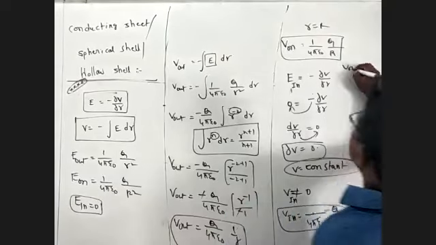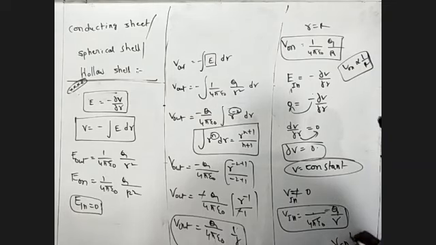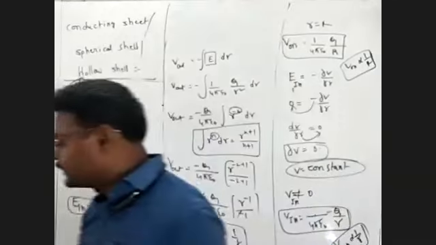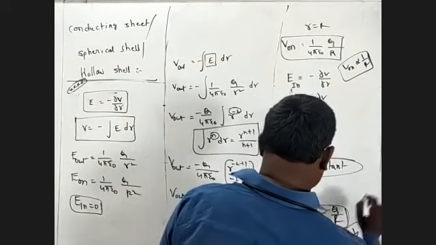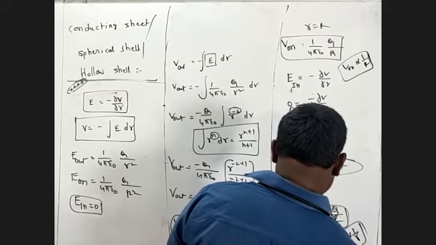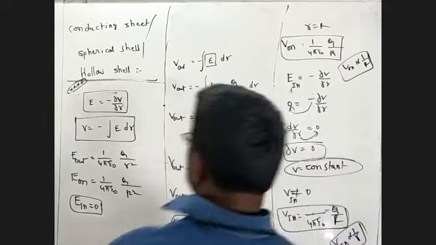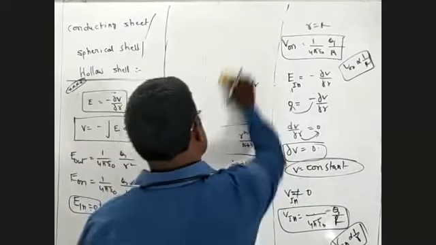V on the sphere is inversely proportional to capital R, and V in is also a constant, the same as at the center: 1 by 4 pi epsilon naught Q by capital R. So we are going to draw the graph of V out and V in.